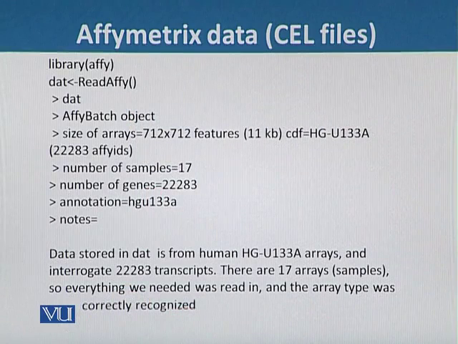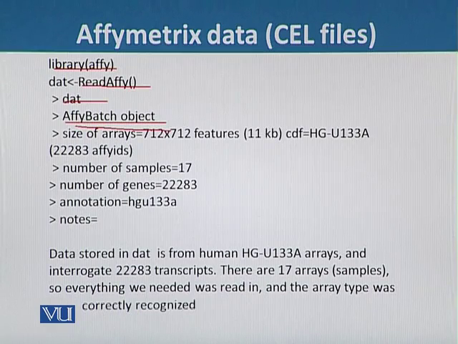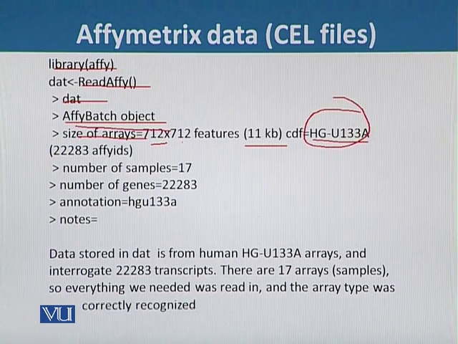Very briefly, the library is already present. When we use the ReadAffy command, the data set is generated and saved in the AffyBatch object form. We can see the size of the arrays is 712 by 712. The feature is the name of the array chipset, with a total of 22,283 Affy IDs present in the form of probes.